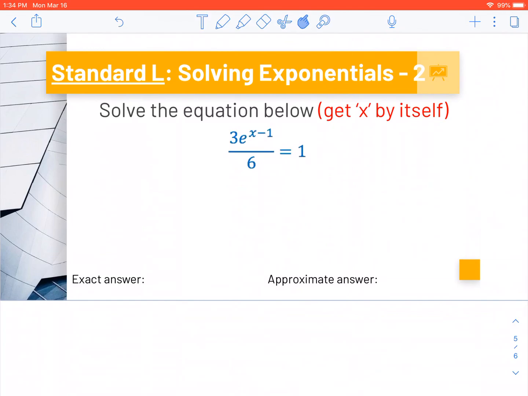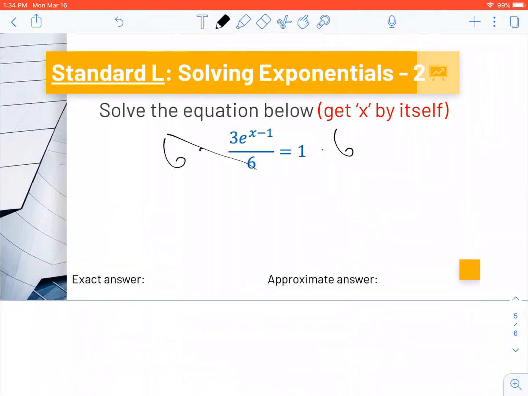All right, guys. So we want to get, again, our waiter and a tray of food by itself. That would be our e to the x minus 1. So first thing is we want to multiply both sides by 6.